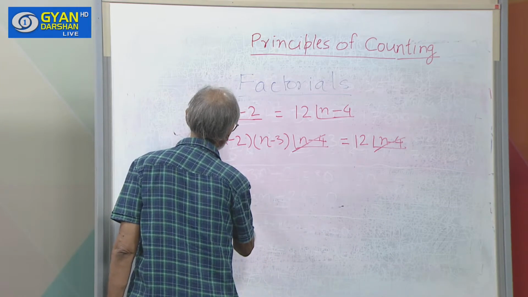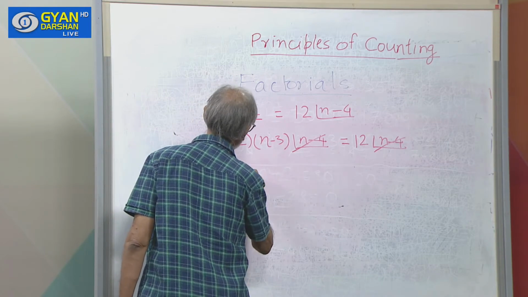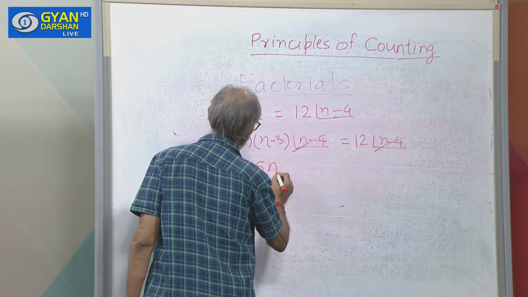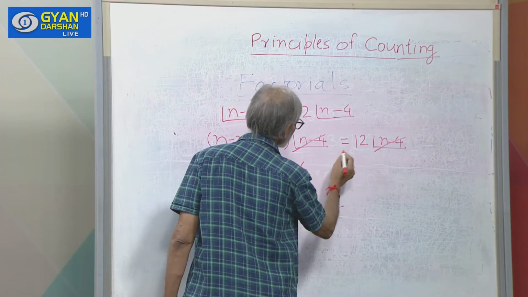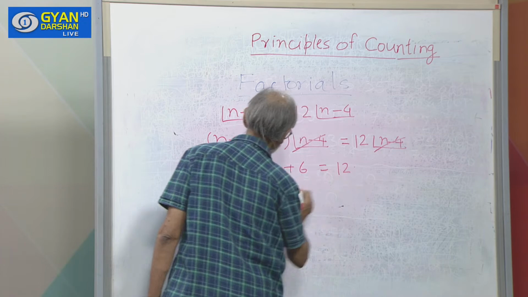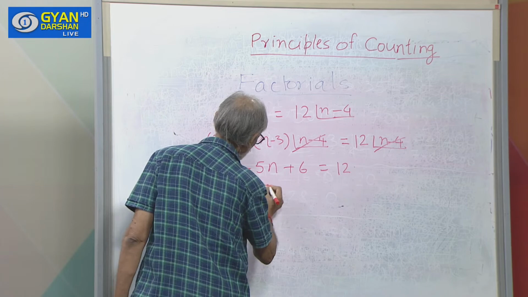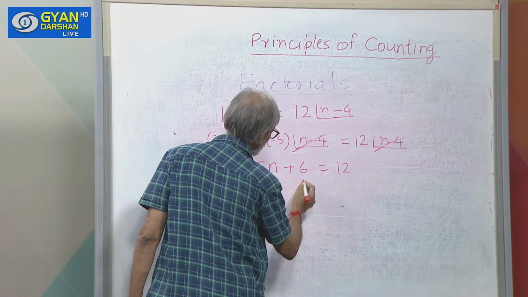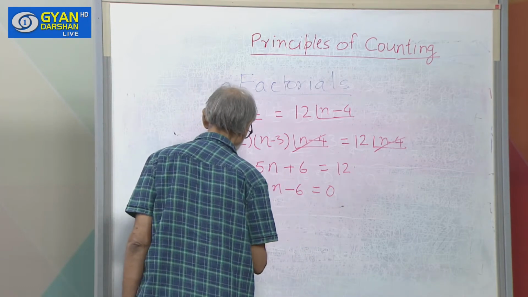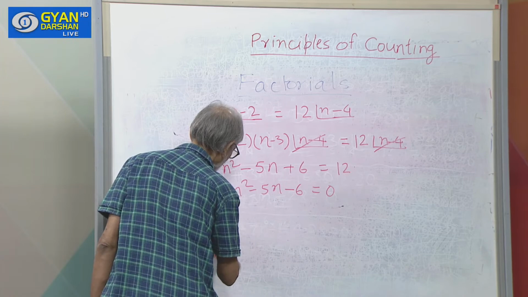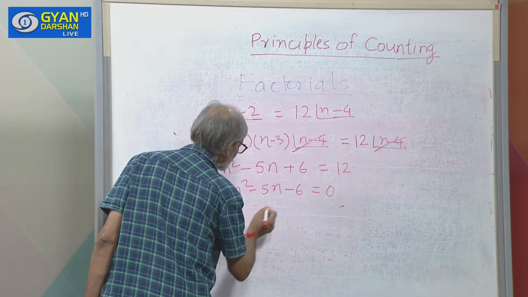So, this will become n square minus 3n minus 2n, so it will become minus 5n plus 6 is equal to 12. So, this will be n square minus 5n, and this will become minus 6 is equal to 0. So, again if you solve it, this is 6.